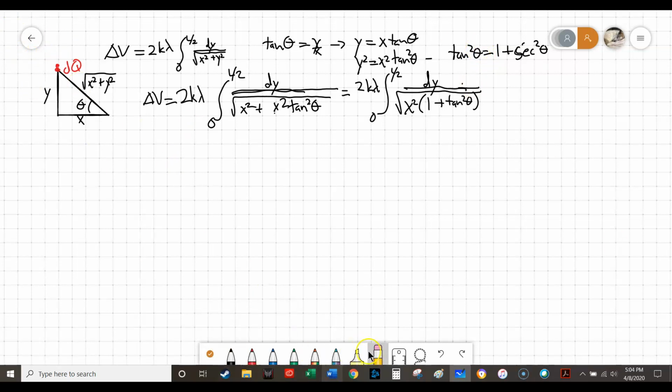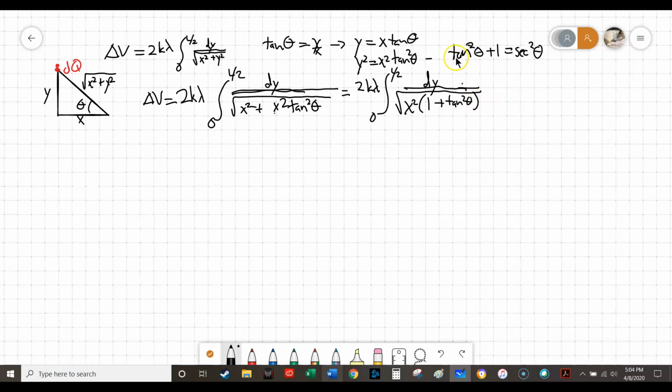And I just realized I made a mistake up here. The identity was actually tangent squared of theta plus 1 equals secant squared of theta. Can't believe I did that. I am so sorry, I'm making mistakes all over the place. I hope you'll learn from my mistakes.